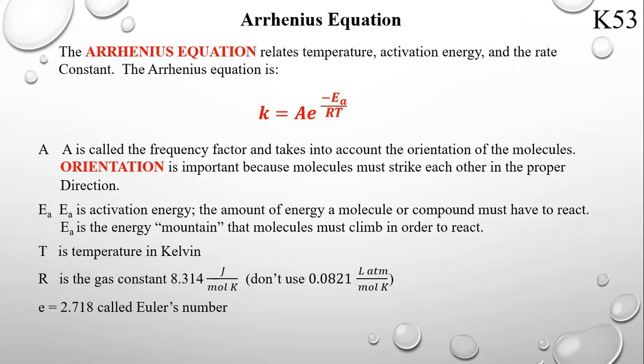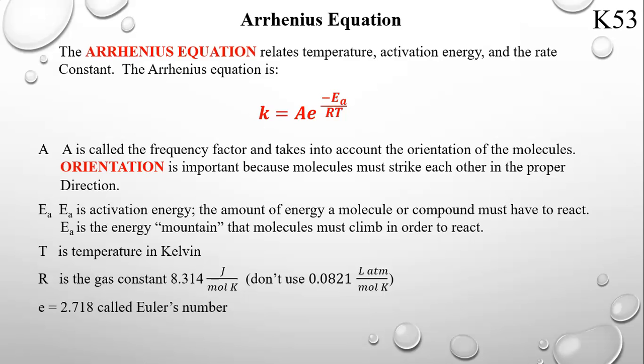You're using joules in the numerator, the unit of measure for energy, instead of liter atmospheres as in the traditional one we use with PV equals nRT. You're going to have problems where you have to be sure you use the proper gas constant, and you just learn from experience which one it's going to be. And then E, of course, is Euler's number. That's the E that we've been talking about when we've been talking about natural logs.